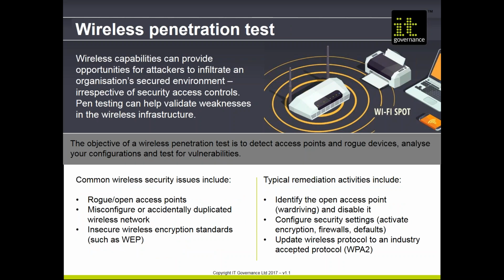Most of you, I imagine, have got wireless networks within your office, and these can also represent a significant vulnerability, especially as with wireless, you may not always have full control of the devices that are connected or full visibility. A level 1 wireless test will just identify any rogue access points that people might have set up, and this could have been done by employees for purely legitimate reasons.